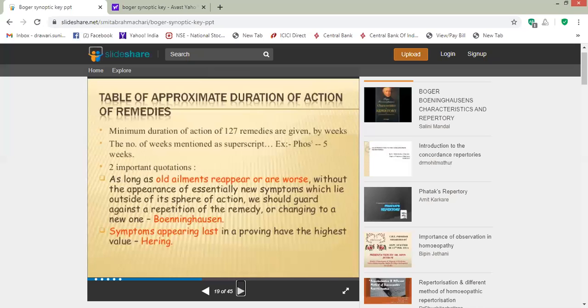If we get only reappearance or worsening of old symptoms, and cannot get new symptoms outside the sphere of action of that medicine, we should guard against a repetition of the remedy or changing to a new one.